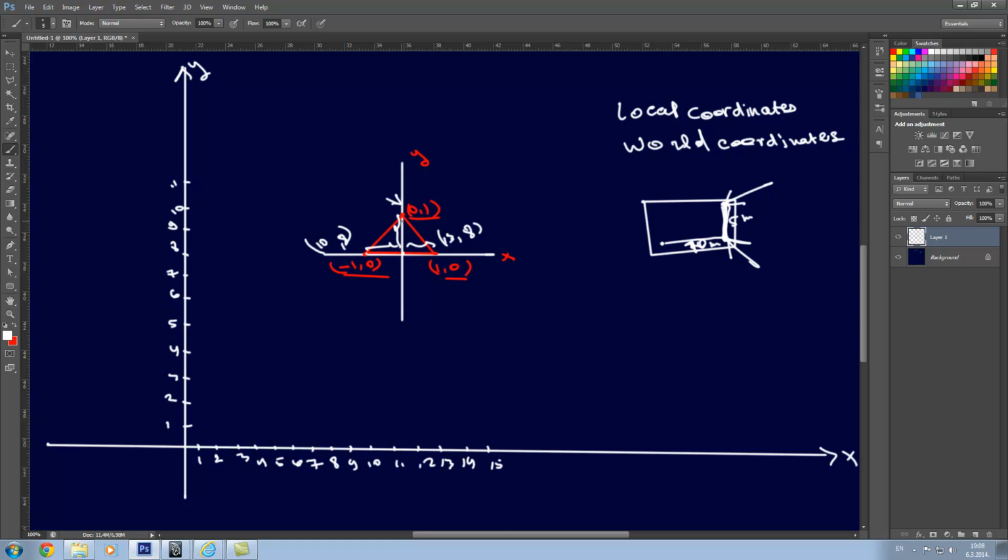This guy is, let's say, 9 or 10 in y, and let's say 11.5 in x. And then you have got the definition of this triangle in world coordinates.